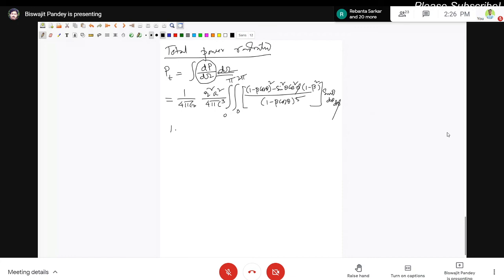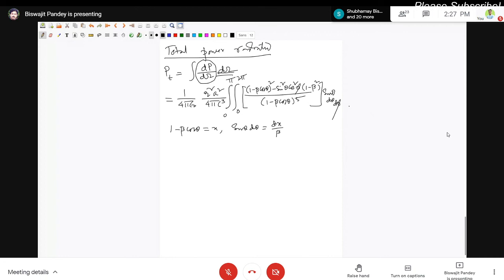What we did was assume 1 minus beta cos theta to be equal to x, which gives us sine theta d theta equal to dx by beta. Then, using the method of substitution, you can calculate these two different sections of the integral. Wait a minute, have I written the correct expression? 1 minus beta cos theta.